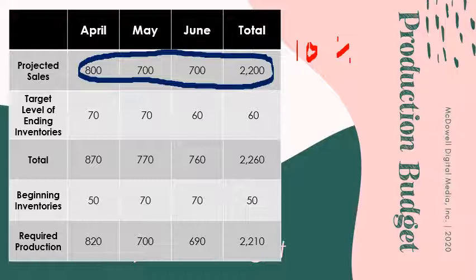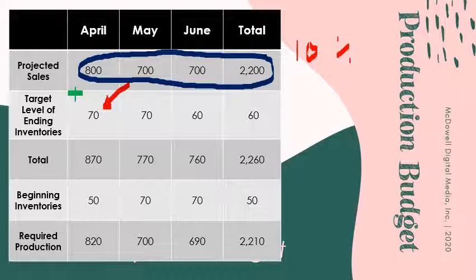So, paano natin siya i-compute? So, you have here 700 times 10%. You have here 70. Okay? Next. So, para sa total, you have here 800 plus 70. You have here 870 total.